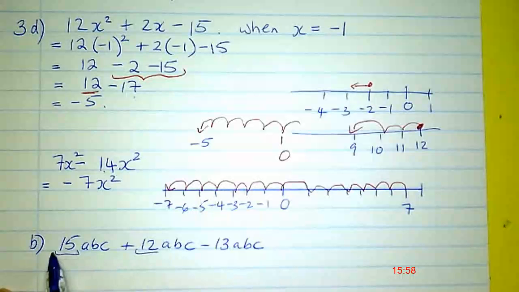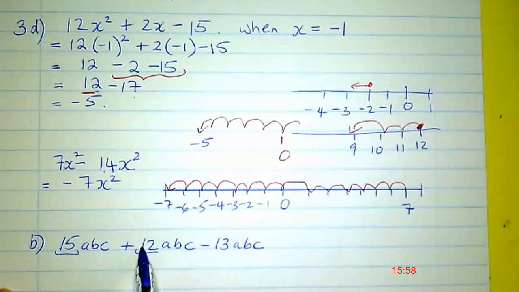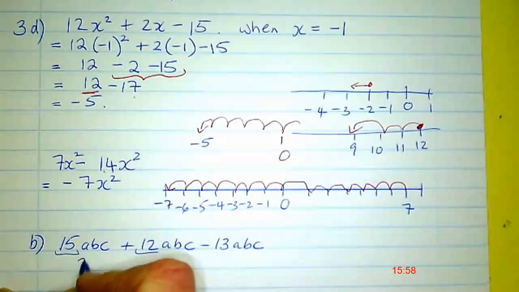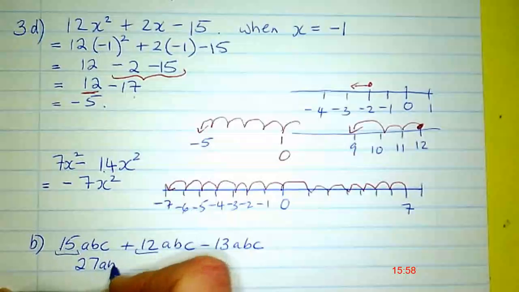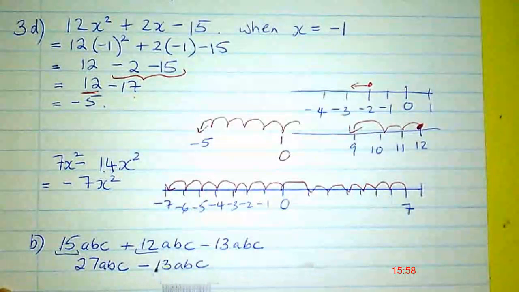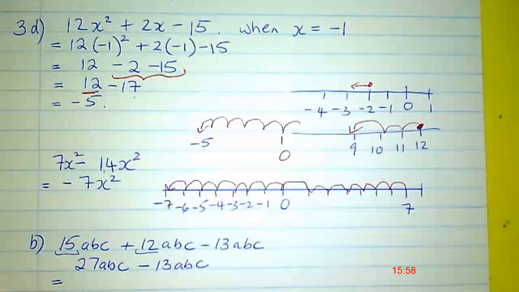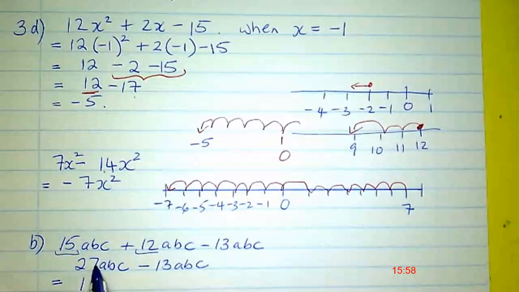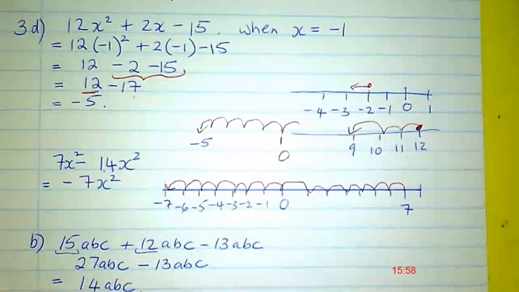What is 15 and 12? Well, the 10 and the 10 will make me 20, and the 5 and the 2 will make me 7. So I've got 27 ABCs, and now I have to subtract 13 of the same kind of thing. If I subtract the 10, I'm going to have 1 there, and the 7 minus 3 gives me a 4. So my answer is 14 ABC. Okay?